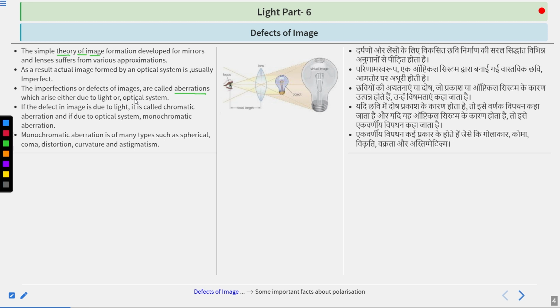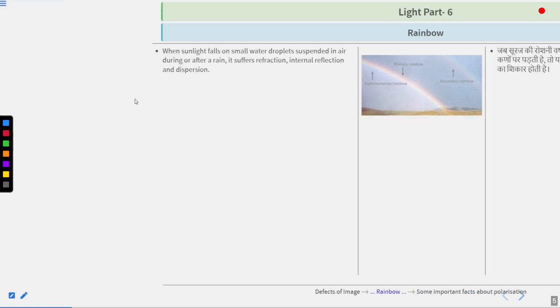So if the defect appears because of the light, it is what we call a chromatic aberration. If it appears because of the optical system, we call it a monochromatic aberration. And this monochromatic aberration could be of many types: spherical, coma, distortion, curvature, and astigmatism.